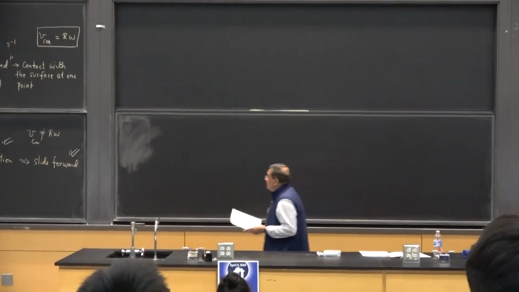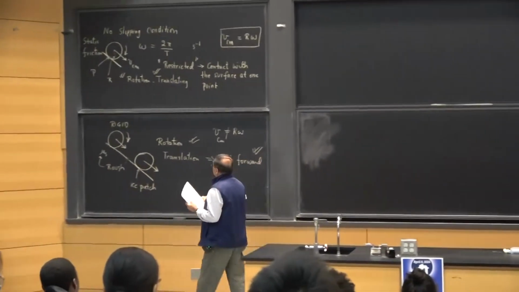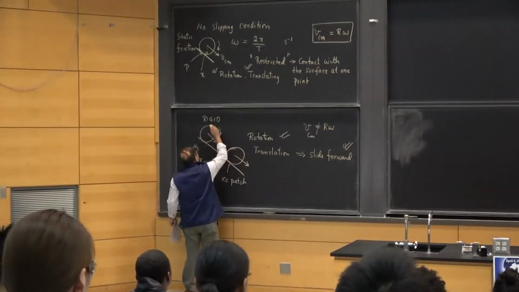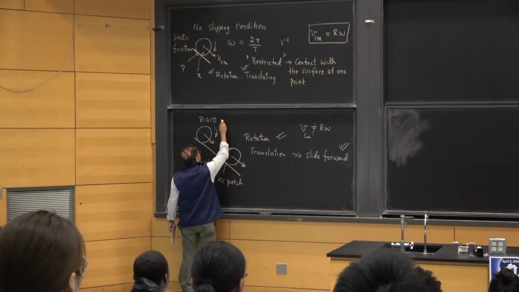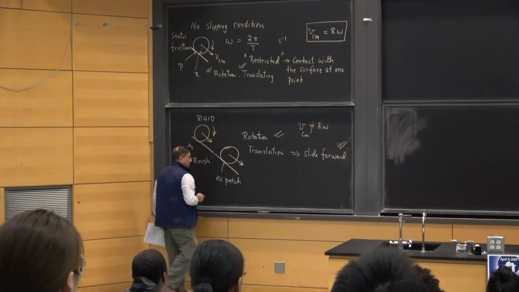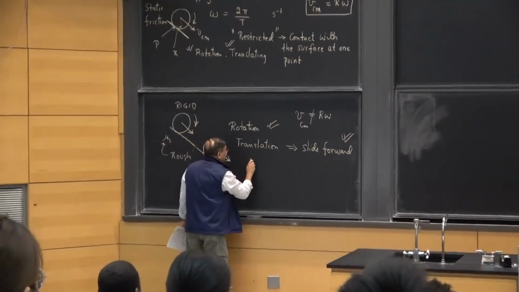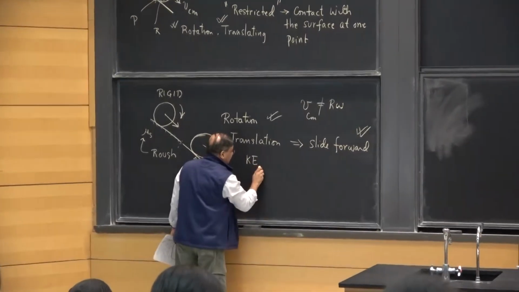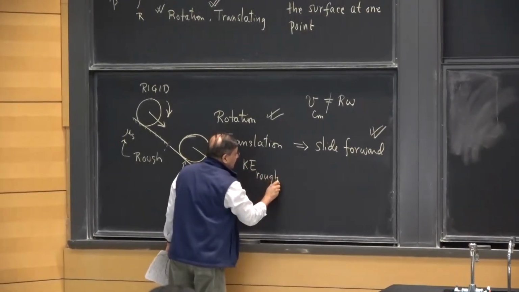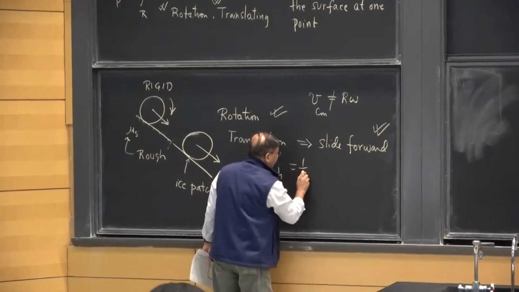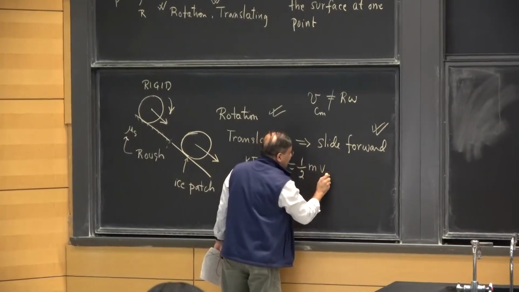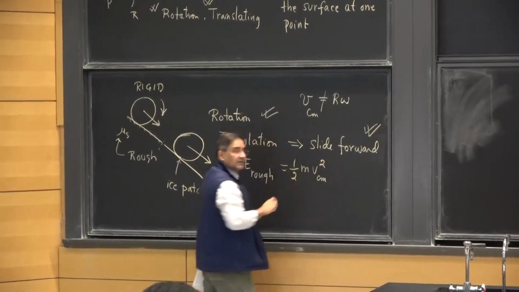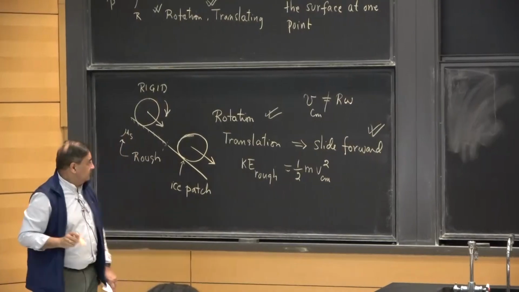So in other words, if your total kinetic energy in the rough patch, let's do the calculation. Kinetic energy in the rough patch should have 1/2 m v center of mass squared. That's the kinetic energy associated with translation.